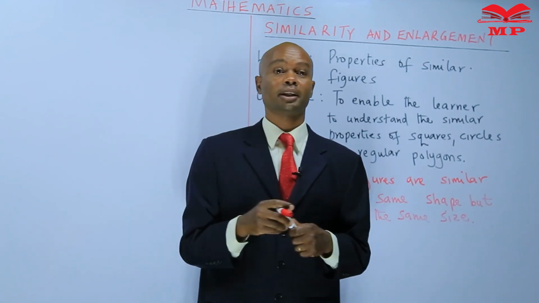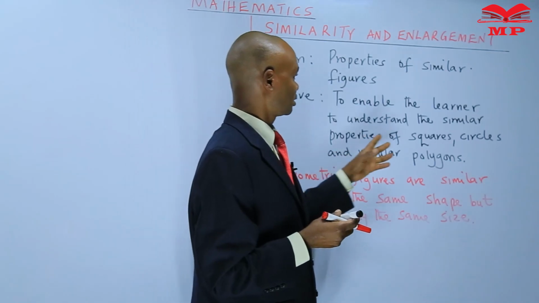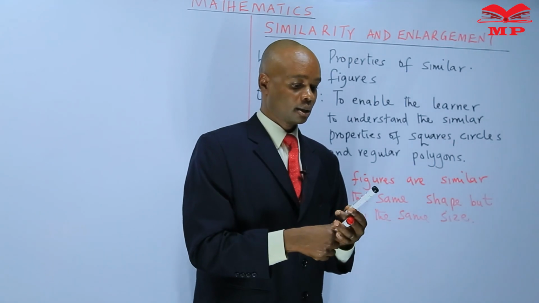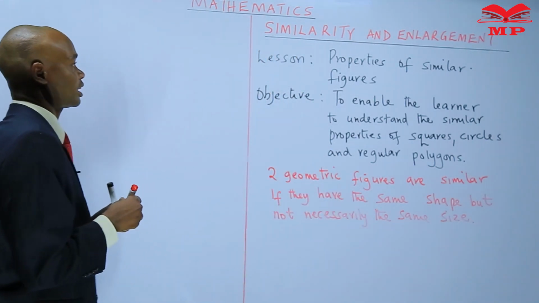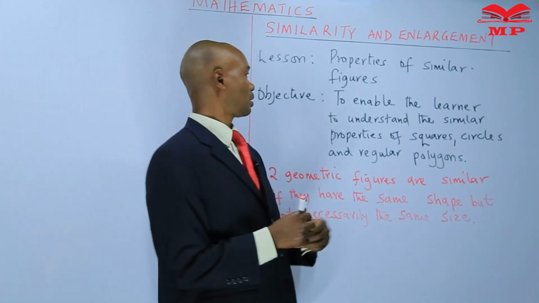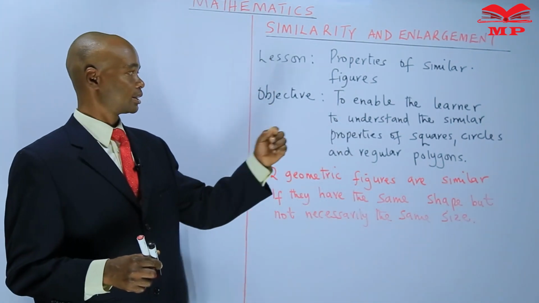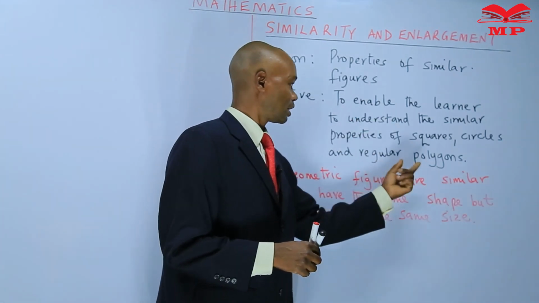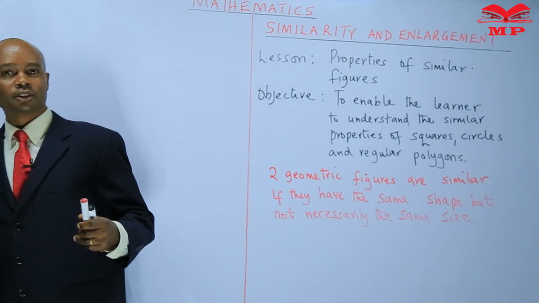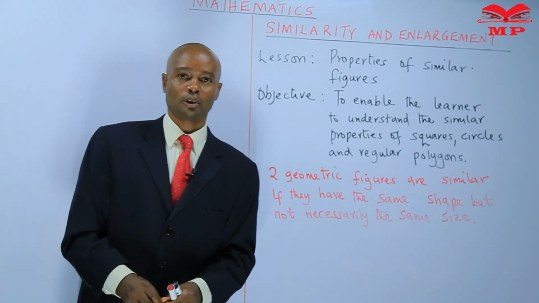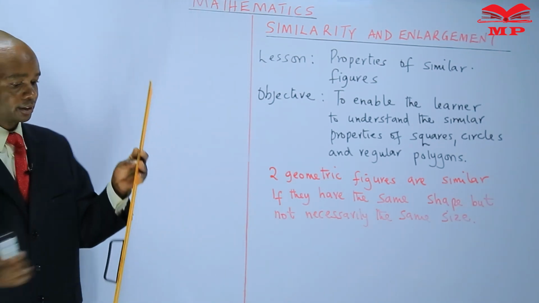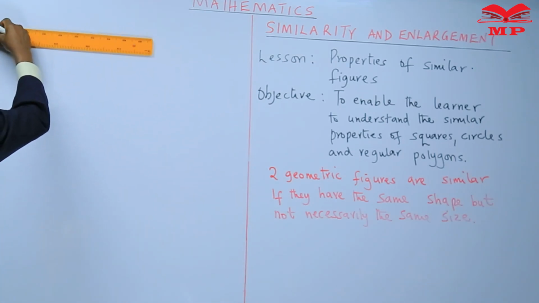So for our case today, as I've said, we want to look at squares, circles, and regular polygons. We are going to start with squares, and at this stage, all of you know some of the properties of squares.